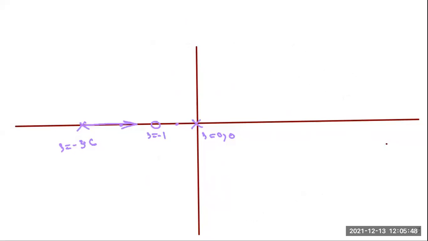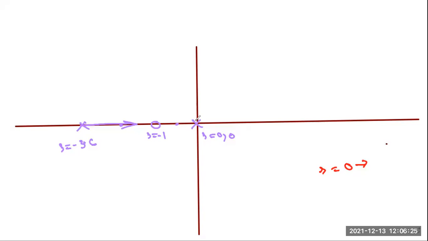So s equal to 0. Can you tell that will be a breakaway point? Is it possible? Yes, sir. S equal to 0 is a breakaway point. Okay. But can we really take that as the breakaway point?